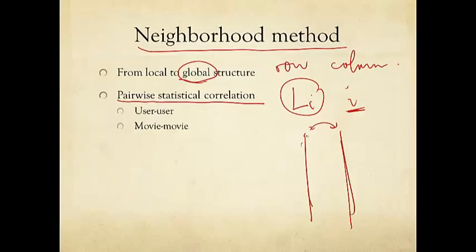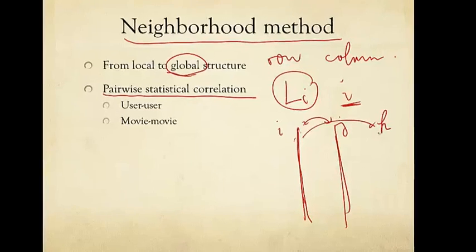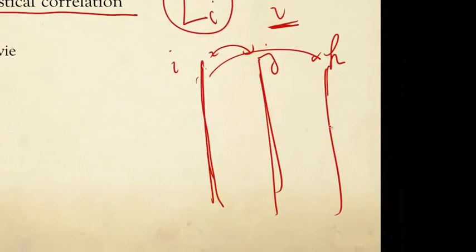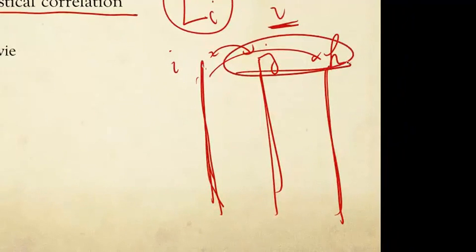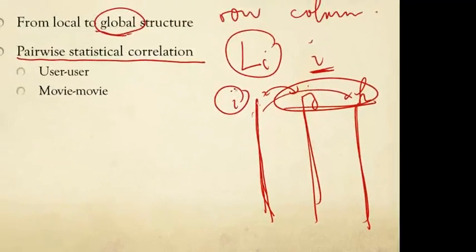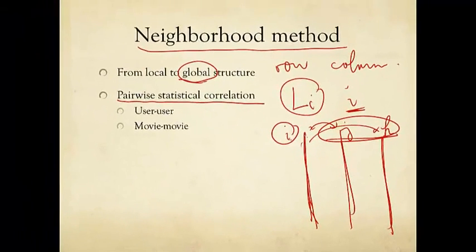And then we look at another pair of movies, still movie i, but instead of comparing with movie j, we compare with movie k, and look at the ratings between these two columns. And then we're going to pick up all those movies that are very similar or very dissimilar compared to movie i. Both kinds of movies would be very useful.